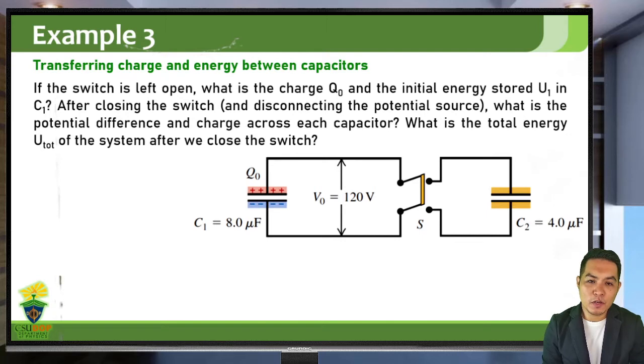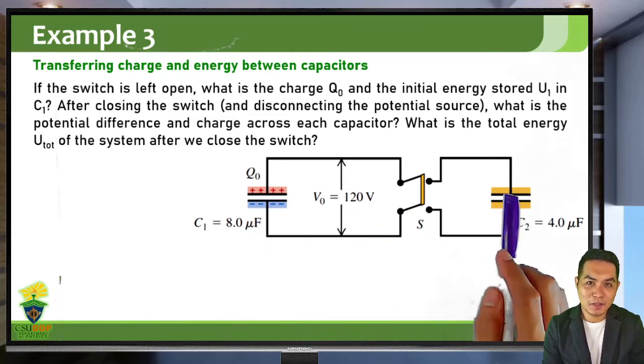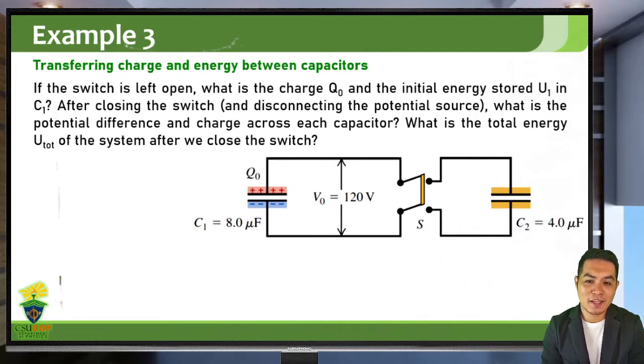Now, you remove the voltage source or the battery. So you remove the battery now, and then you connect your capacitor to another capacitor in order to charge this capacitor here.